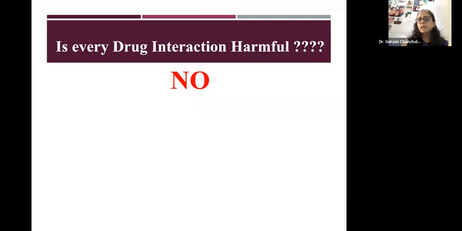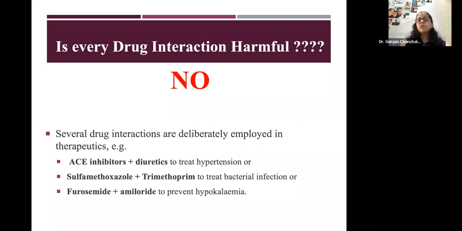So is every drug interaction harmful? No, not all drug interactions are harmful. Some drug interactions may also be beneficial, and they are deliberately given together so that they can add to the effect of each other. These interactions can be additive, or they can also be synergistic. Synergistic is when two drugs are given together, and the action of both is more than that of the individual drugs.